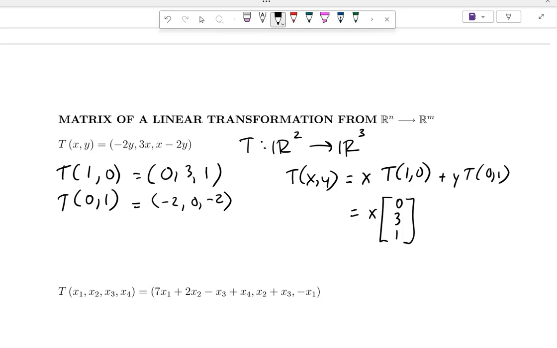We agree with that? Okay. And my transformation applied to 0, 1 is, times y, negative 2, 0, negative 2. Okay. Can I realize this now as matrix multiplication?